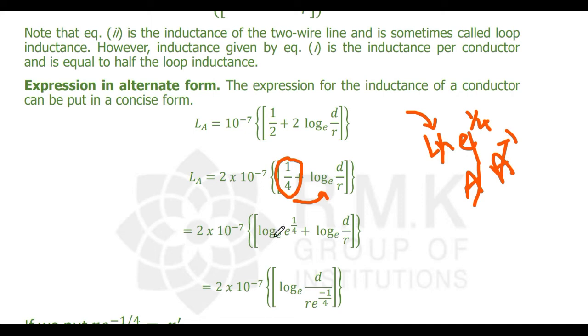I told you, log to the base e, I will call this ln only hereafter, correct? So here both are ln terms, and they are additive, so they can be combined. How can they be combined? Like this we can combine, both can be multiplied: ln of e power 1 by 4 multiplied by d divided by r, correct?